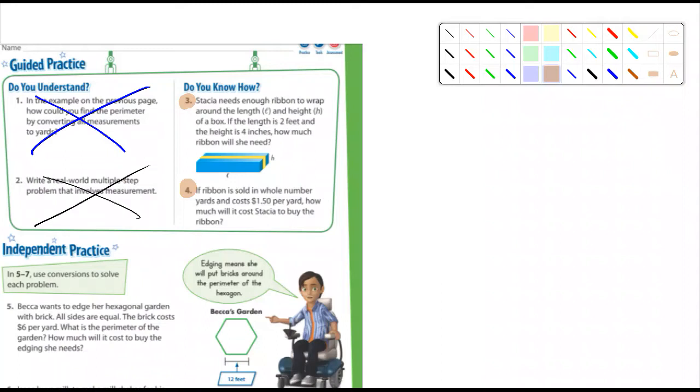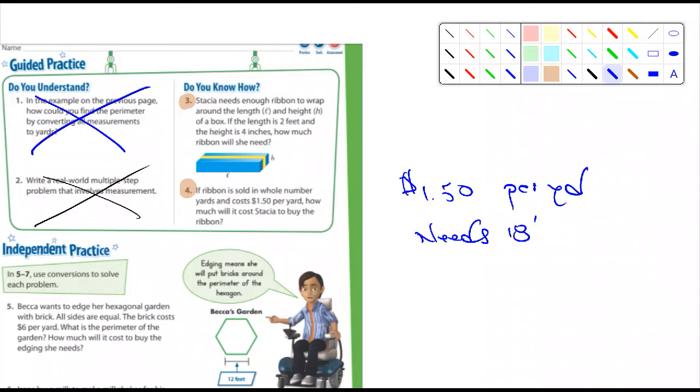If it's $1.50 per yard, and let's say she needs 18 feet. How many yards is that? 6. Yeah, because 3 feet goes into 1 yard.